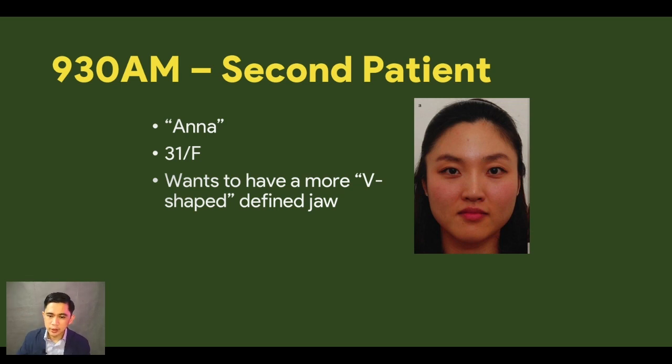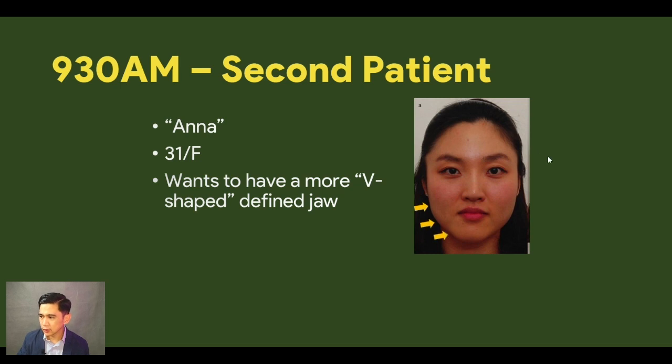Sometimes the Asian face is usually a round face. Sometimes they describe it as a spoon face. So because of pop culture, we want a more V-shaped jaw, and Botox has a solution for that.